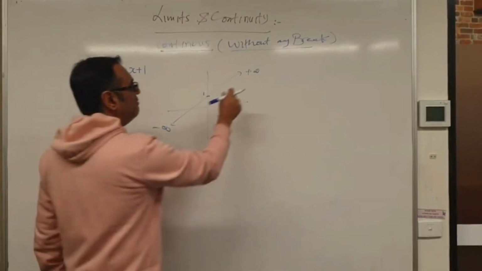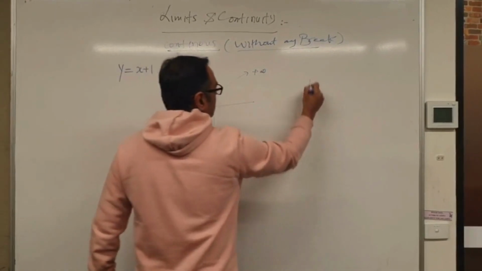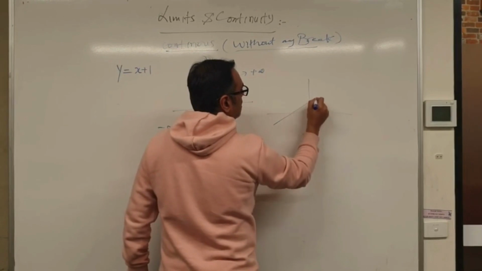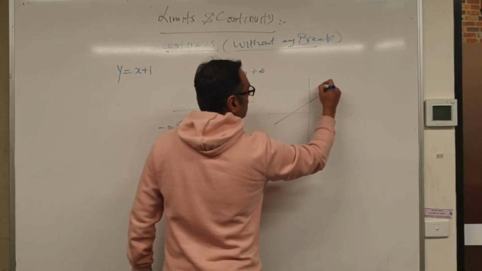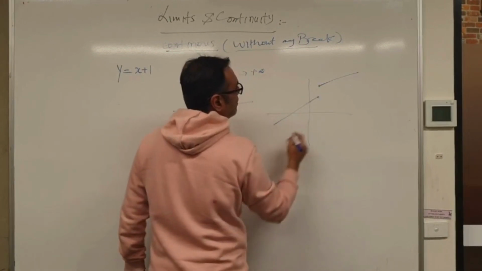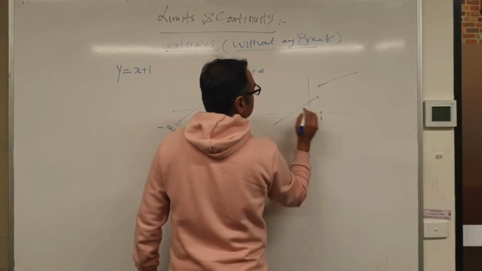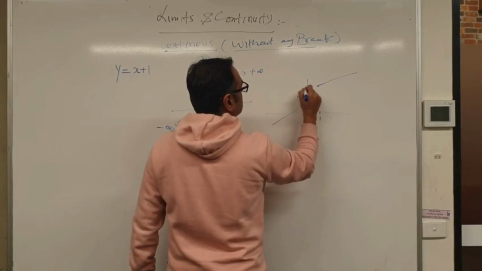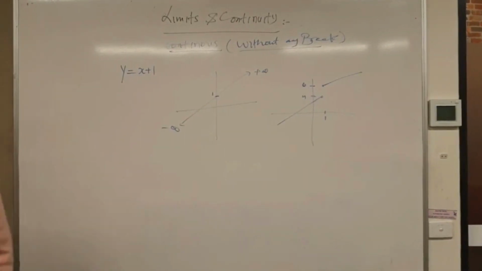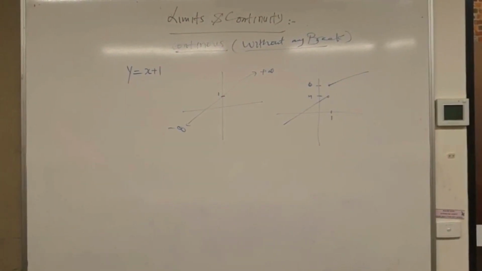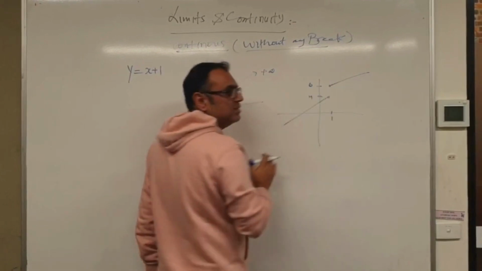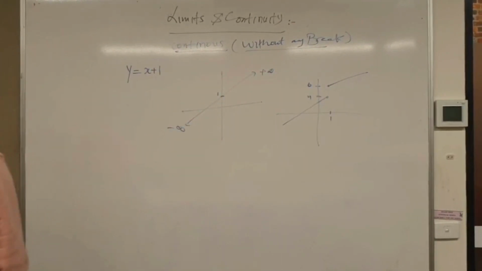Now, if I change it, let's say I draw another graph. Let's say that value is 1, that value is 4, that value is 6. Hypothetically, you've got this graph. Do you feel that this graph is without any breaks?